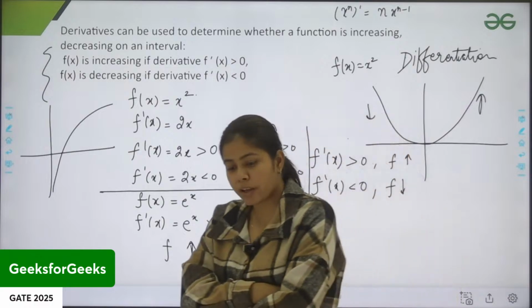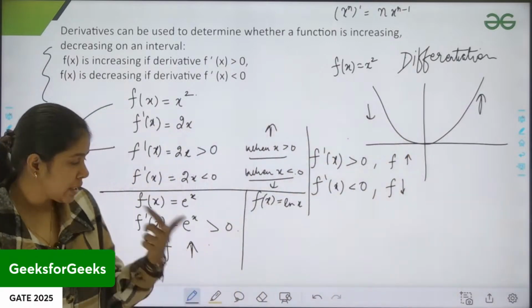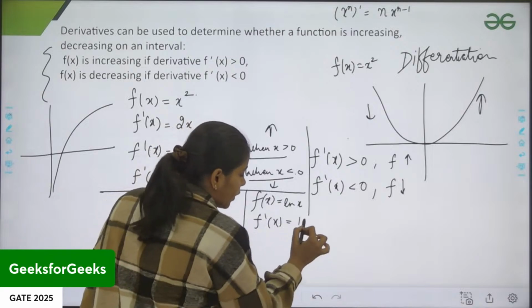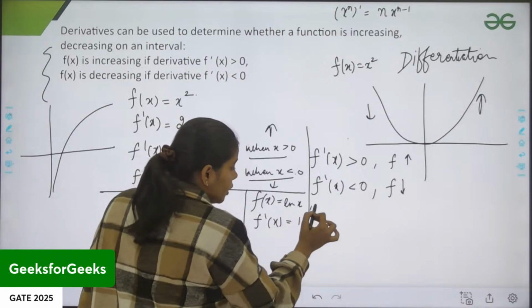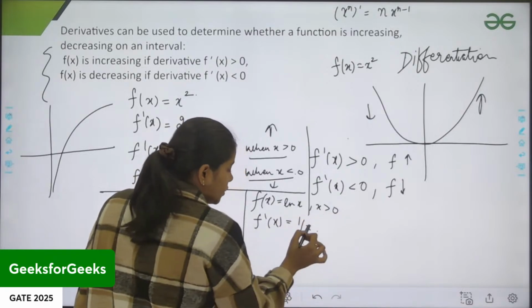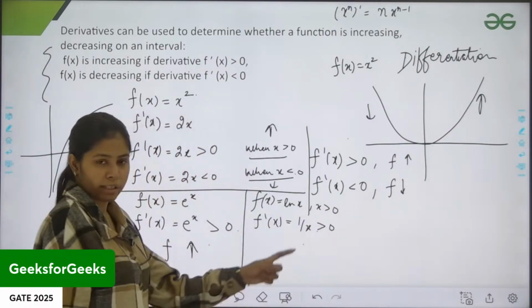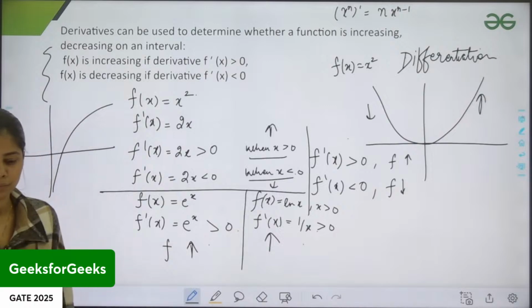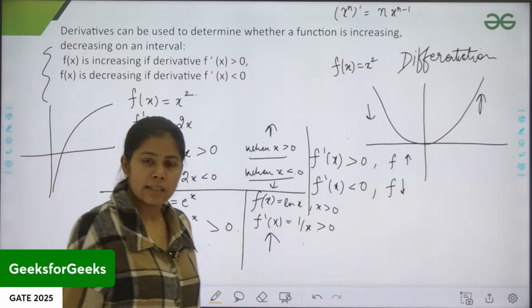It is also an increasing function, because the derivative of log x is 1 by x, and because log x is defined when x is greater than 0, f dash x is greater than 0, because x is greater than 0. So I can say that it is an increasing function. I hope everything is clear till now.